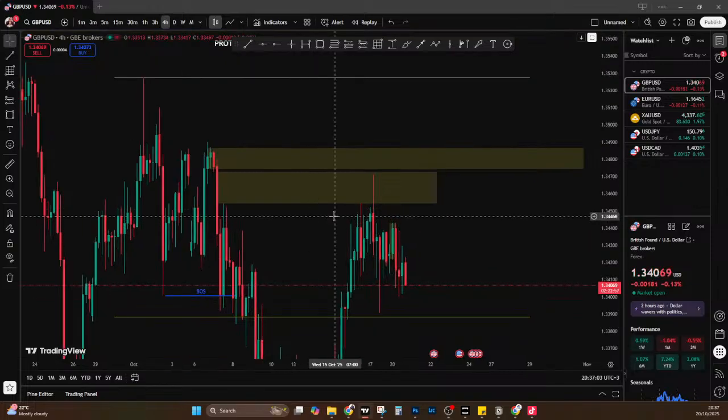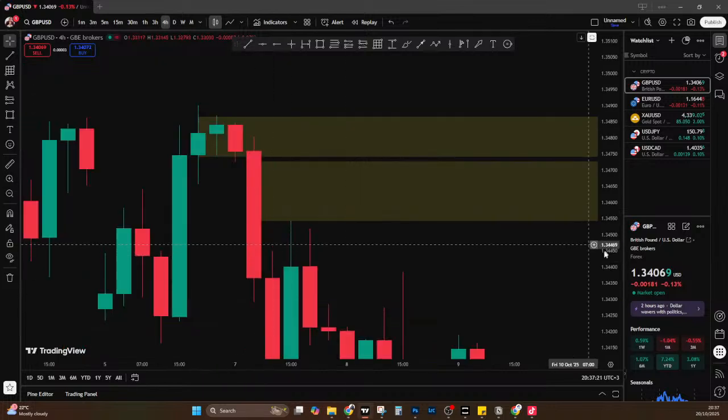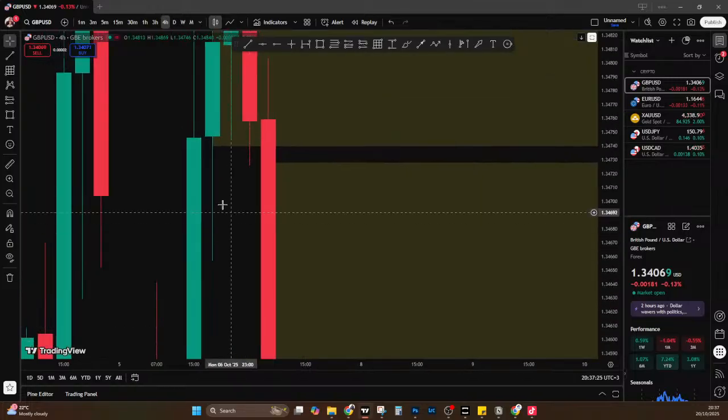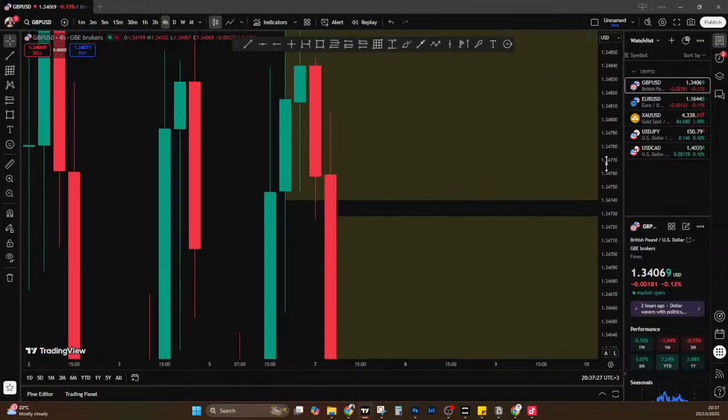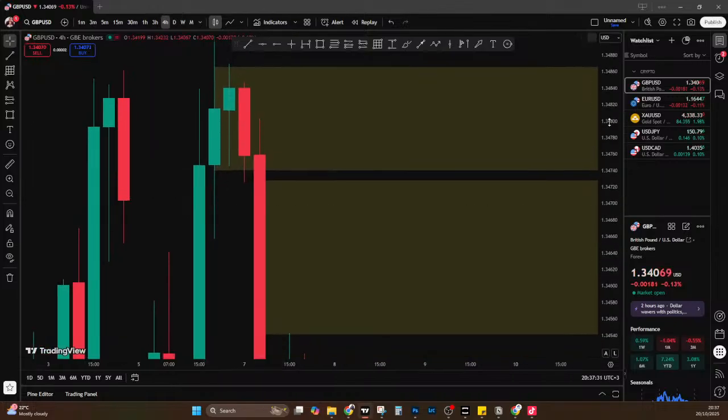So someone would ask me, why did this market sell from the FVG and not the order block? I want you to look at this one. Because an order block must be a stand alone.